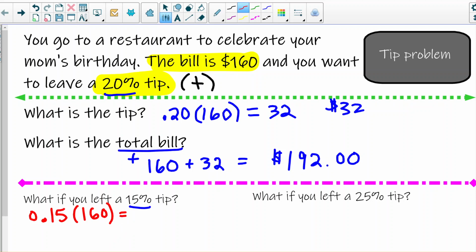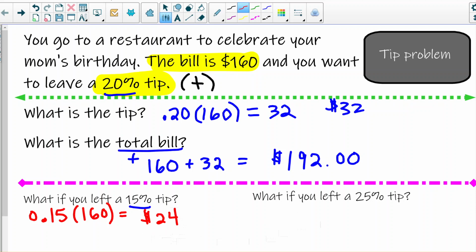So again, I would use my calculator. 15% of 160 is $24. Okay, so that would be a $24 tip. And if I wanted to calculate the entire bill, 160 plus 24 is 184.